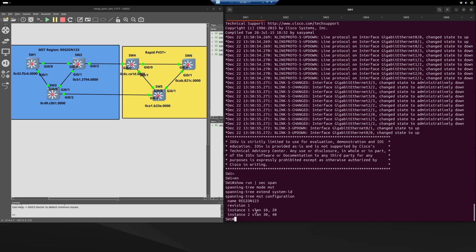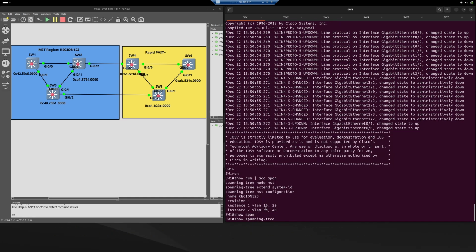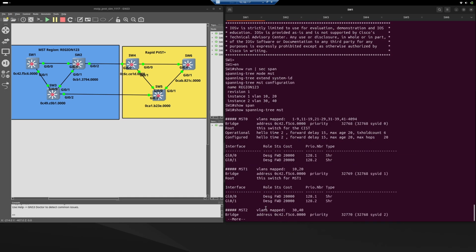So I created 4 VLANs besides VLAN 1: VLAN 10, 20, 30, and 40, and they are mapped to 2 different MST instances. So we have 3 MST instances within the MST region. Show spanning tree MST.